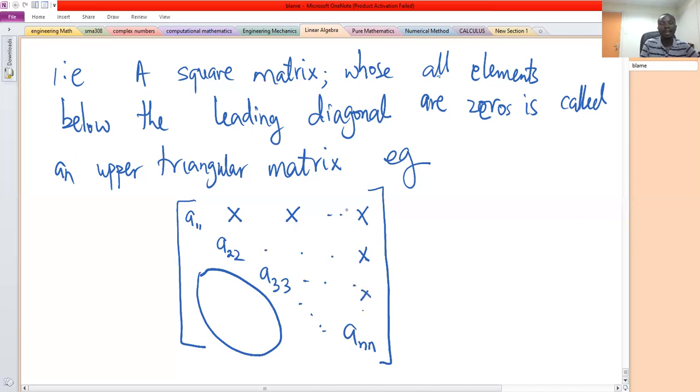You may have at least a non-zero element here, then this is an upper triangular matrix.